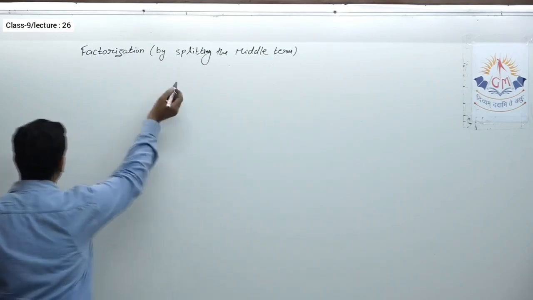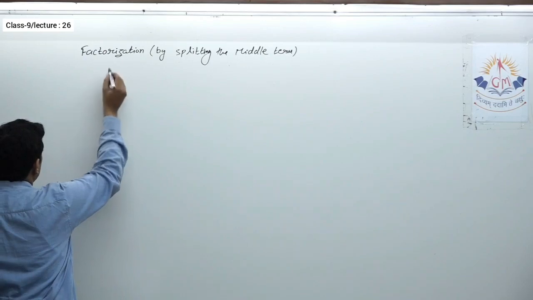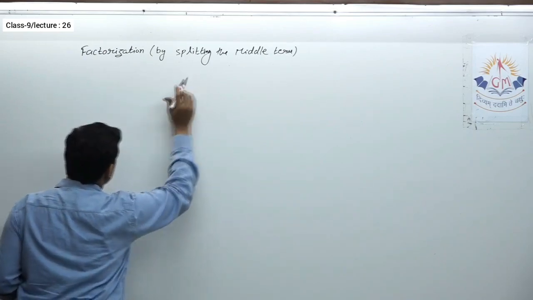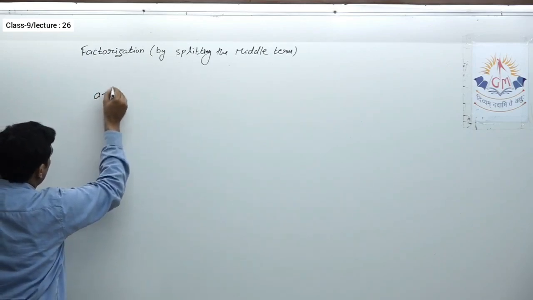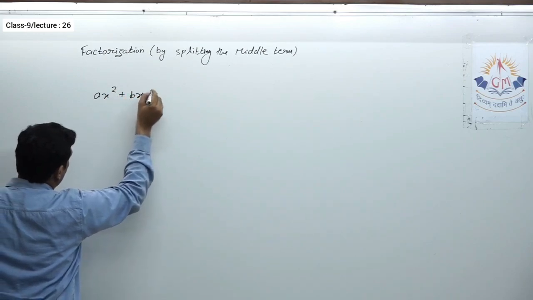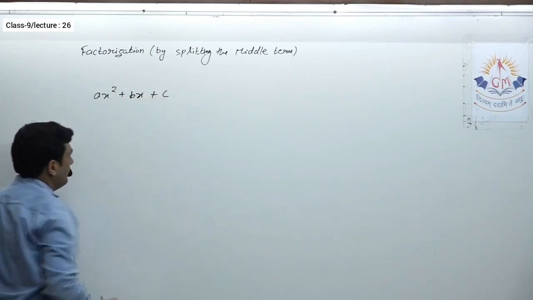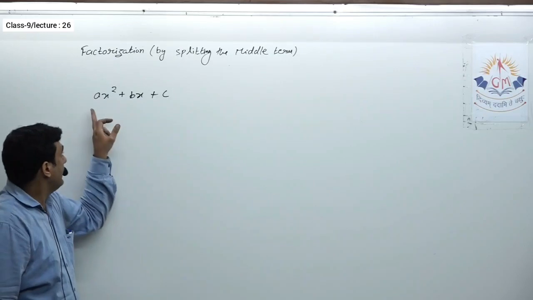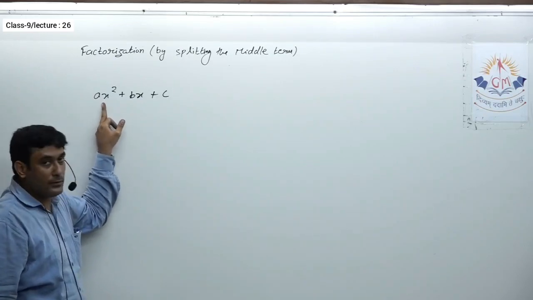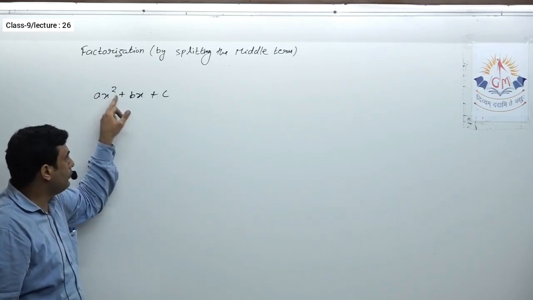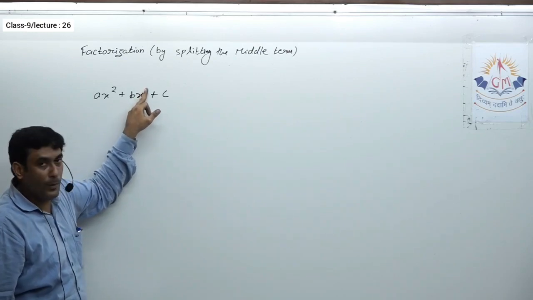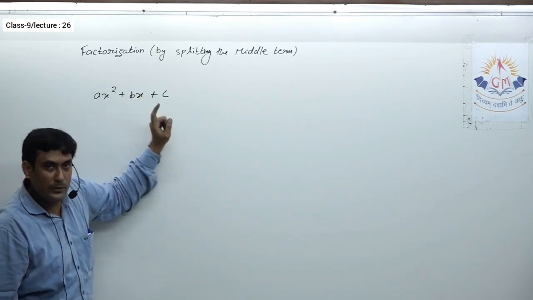Okay, so what is the method behind this? See, factorization by splitting the middle term. If we have an expression like this, ax square plus bx plus c, that means the first term should contain power 2 and the second term should contain power 1. I am talking about the power of the variable.